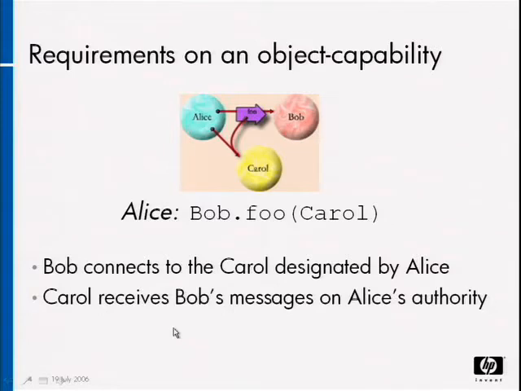So let's imagine further that maybe Carol is a special kind of callback. Carol is a callback that writes her callback arguments to a log file. And so every time this callback gets invoked, it's going to write out a line in a log file. Alice has authority over this log file, and Alice has been authorized and given the permission to write out to this log file, but she now wants to delegate that access to Bob.